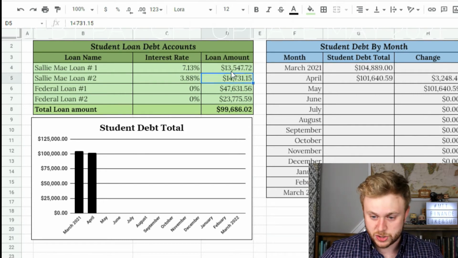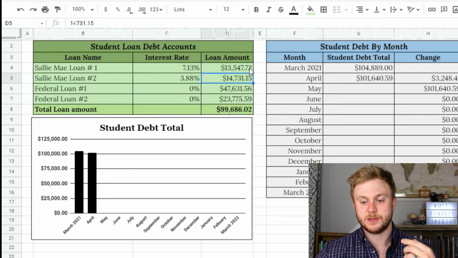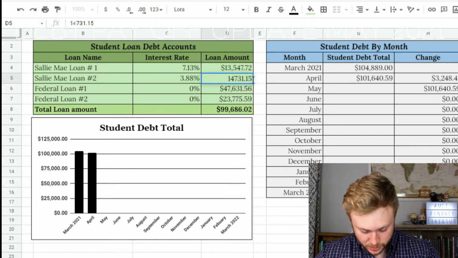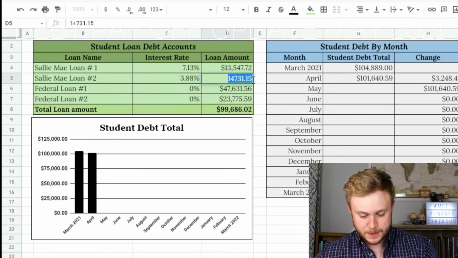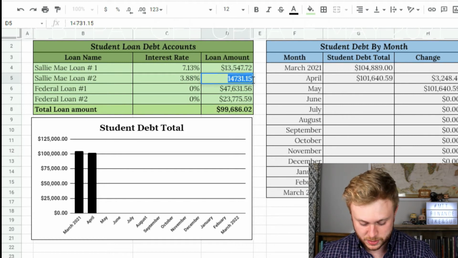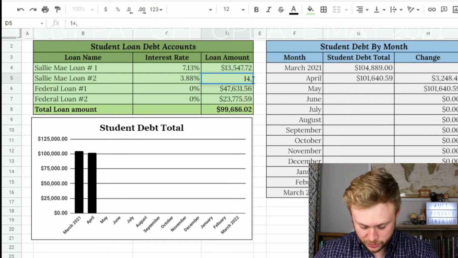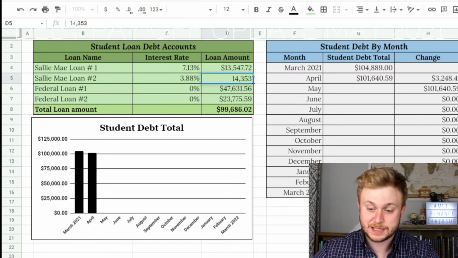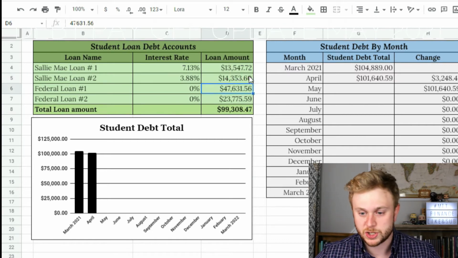Quite a big change, I would say. And the second loan here, the one with the lower interest rate, is now, at the time of filming, at $14,353.60. Boom, another big change.